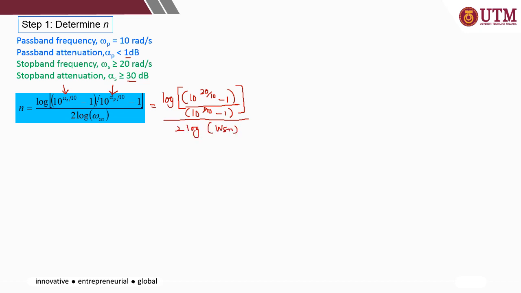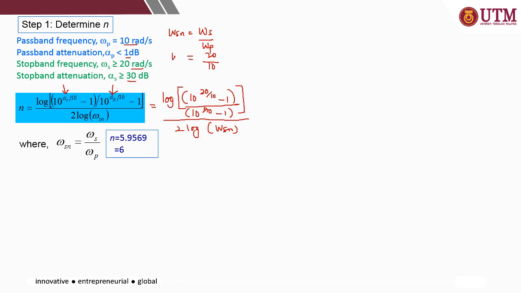So omega Sn for a low pass filter is omega S over omega P. In this case, omega S is 20 divided by omega P, which is 10.